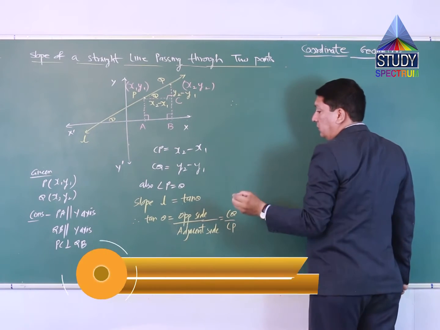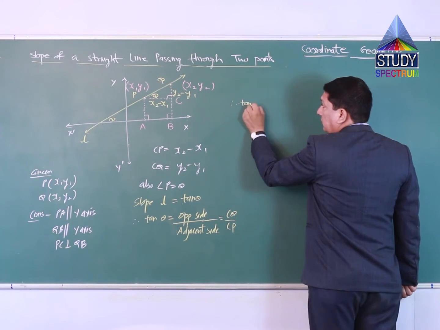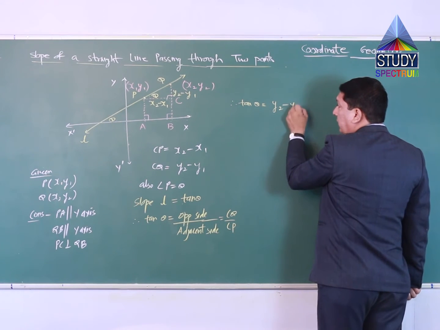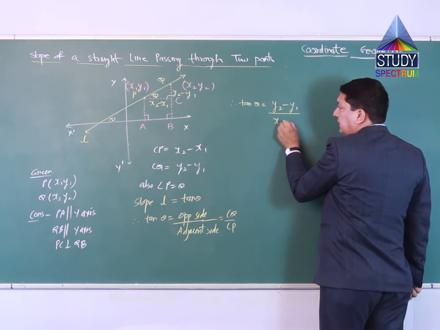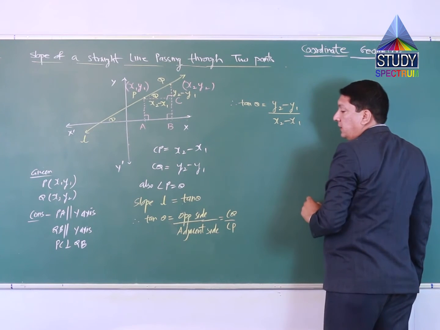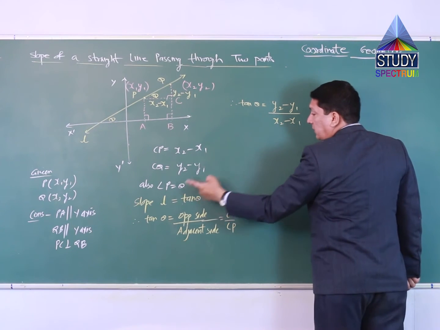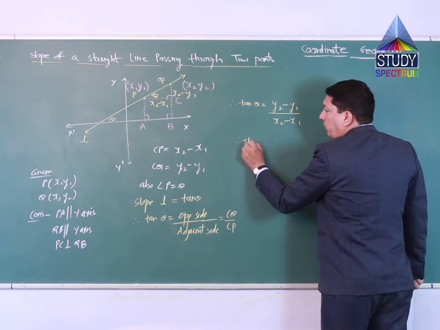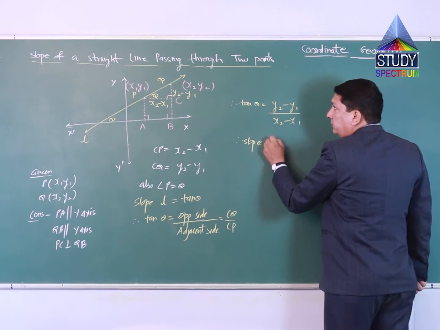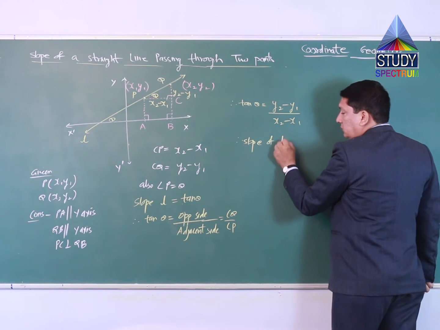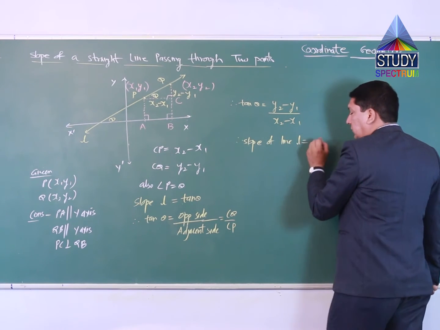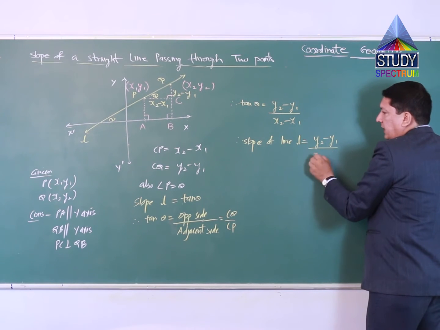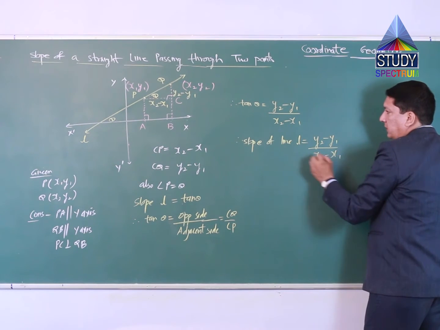Therefore, tan theta equals to y2 minus y1 upon x2 minus x1. But slope L means tan theta. Therefore, slope of line L is equal to y2 minus y1 upon x2 minus x1.